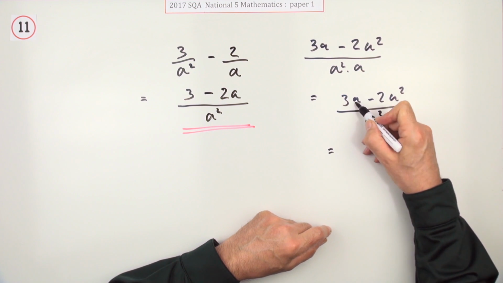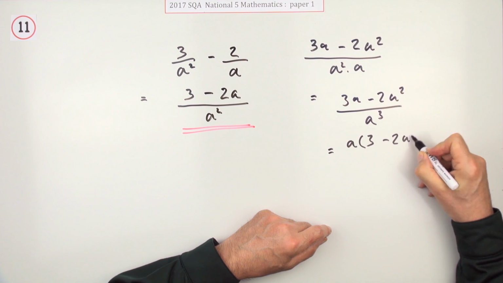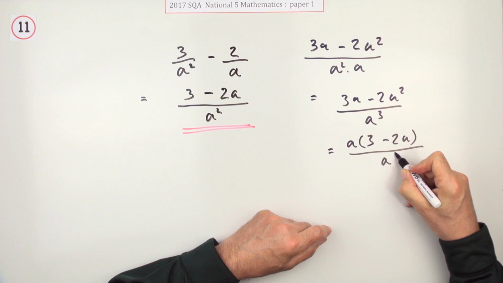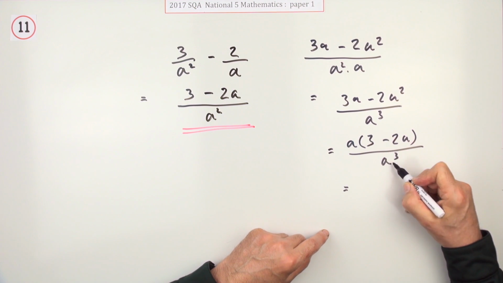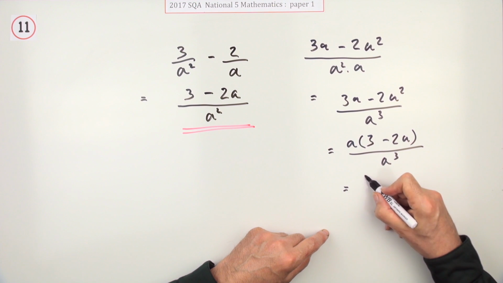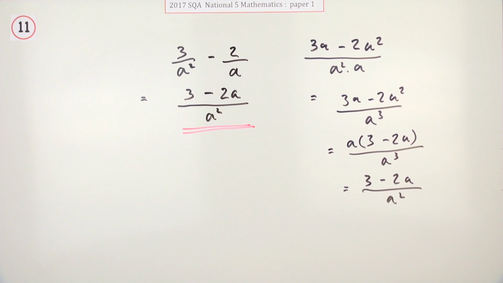You'd then have to take an a out of that, and then say that can now cancel with one of those because I'm cancelling factors. So it goes down to what you should have had in the first place.